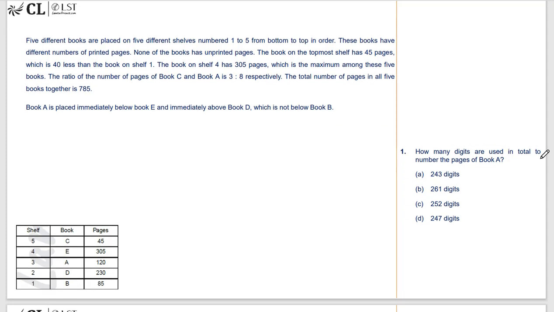So how many digits are used in total to write the pages of the book A? Okay, book A has 120 pages, and we are looking at how many digits have been used. For that, we need to keep in mind that there would be certain page numbers which are single digit. There would be certain page numbers which are in two digits.